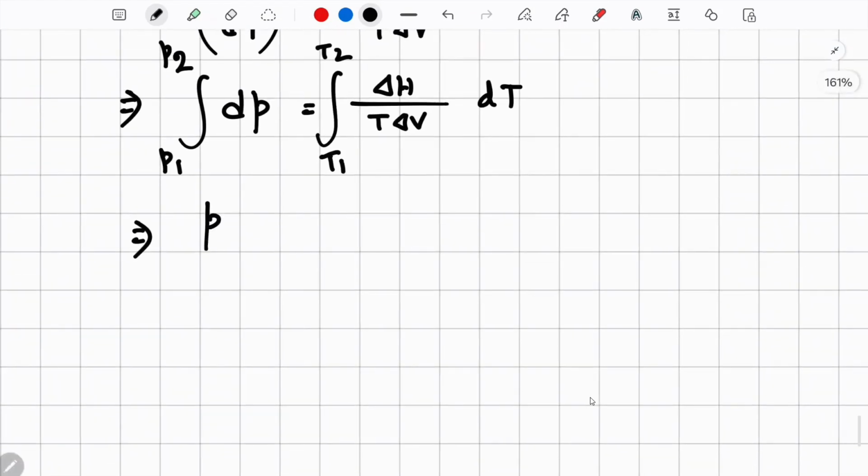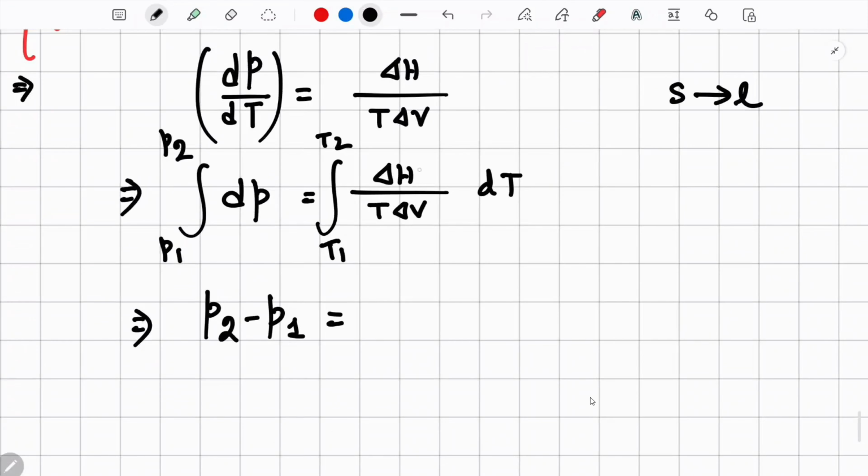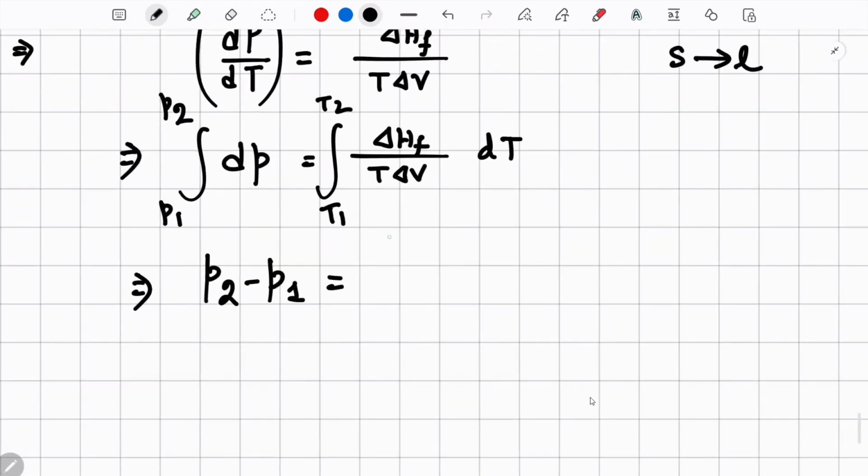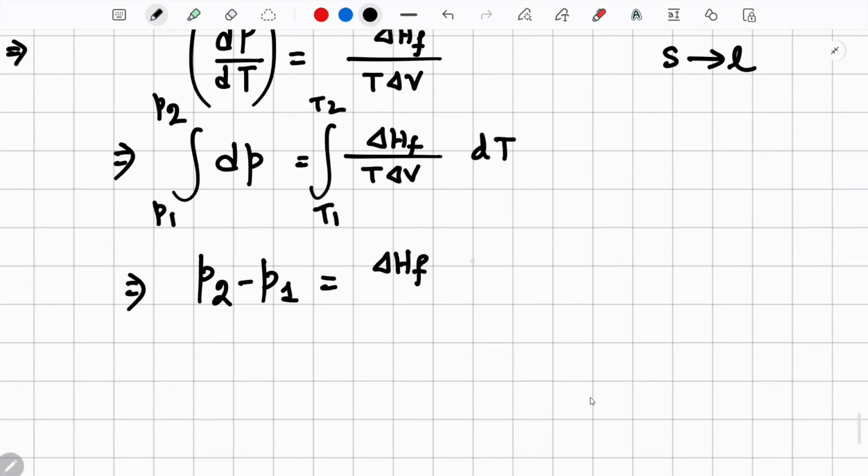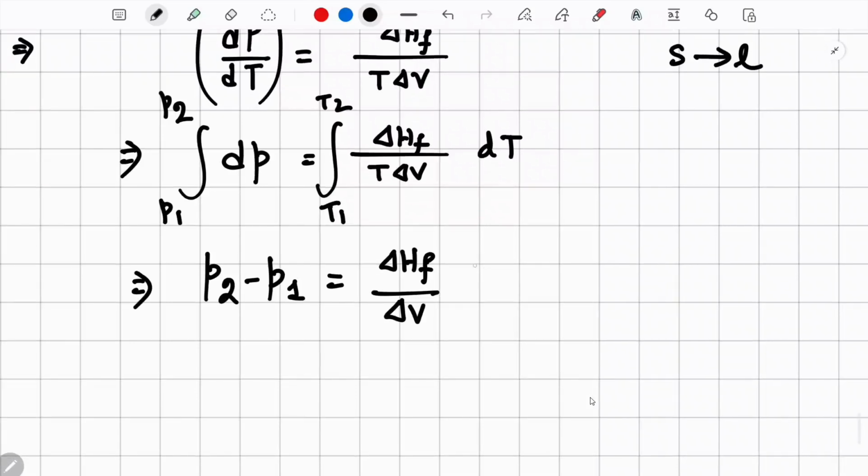So you can write P2 minus P1 equals delta H of fusion, which is independent, so you can take it out, and it will be delta H by delta V times dT by T, so it will be ln T2 by T1.